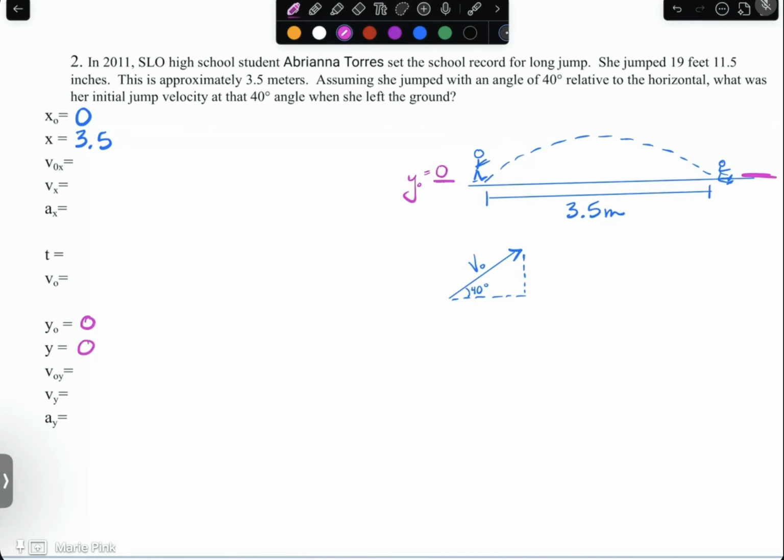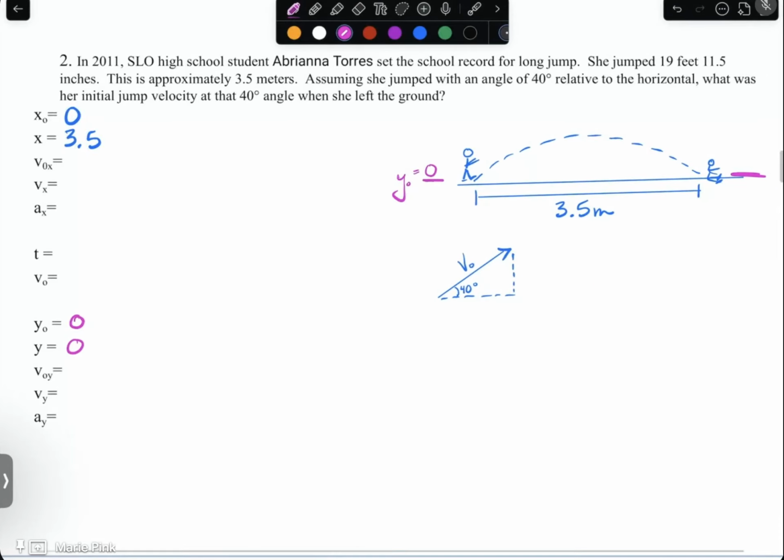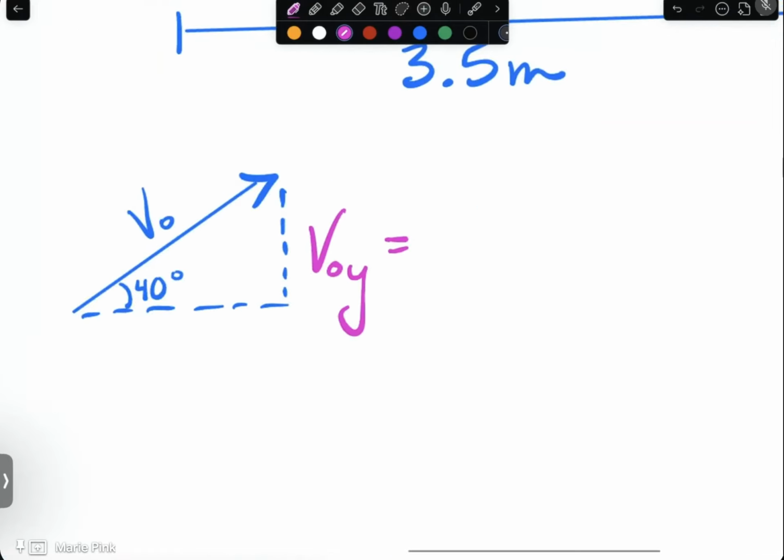I don't know how fast she jumped in the x or y direction, but I do know that it was at an angle of 40 degrees. And that is important because I can then write an expression for what these are. I don't know what v naught y was, but if I knew my overall velocity on the hypotenuse, and because I know the angle, this is the opposite side of the triangle because my 90 degrees is here.